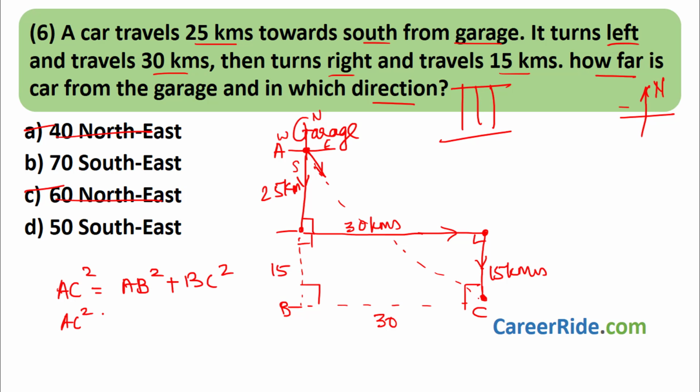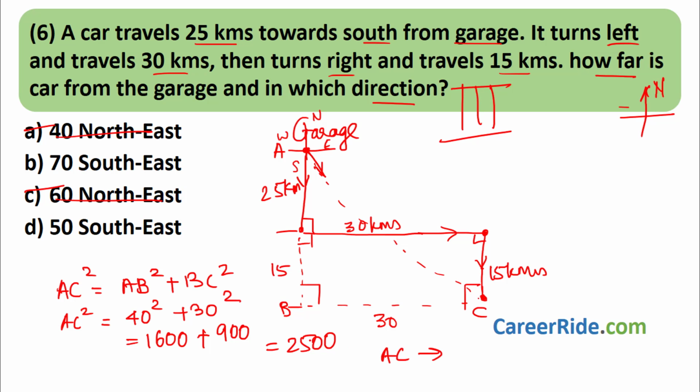Hypotenuse square is AC square. That would be 25 plus 15 is 40 square plus 30 square, that is 1600 plus 900, which is 2500. Now AC would be nothing but the square root of 2500, that is 50 kilometers. So the answer is D, 50 southeast. Moving to question number 7.